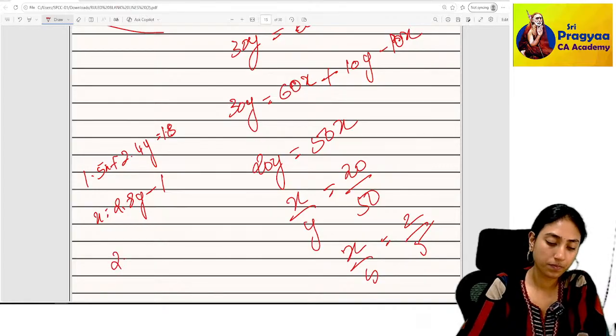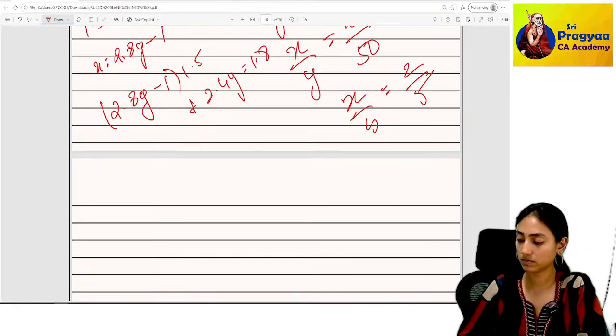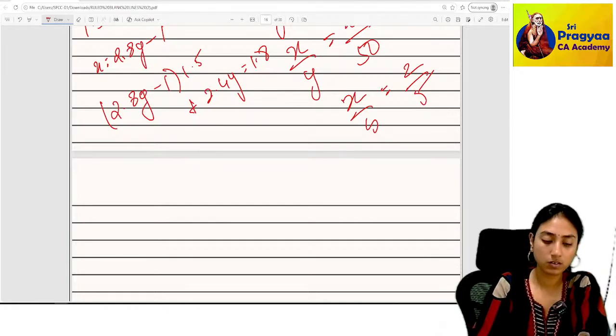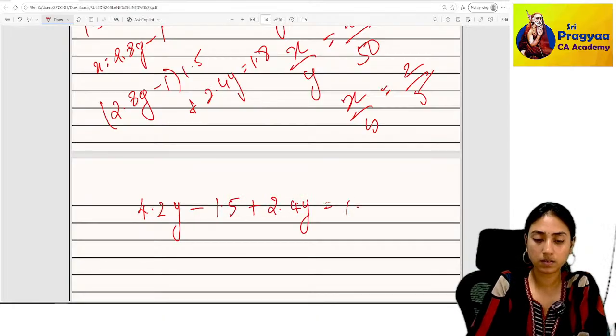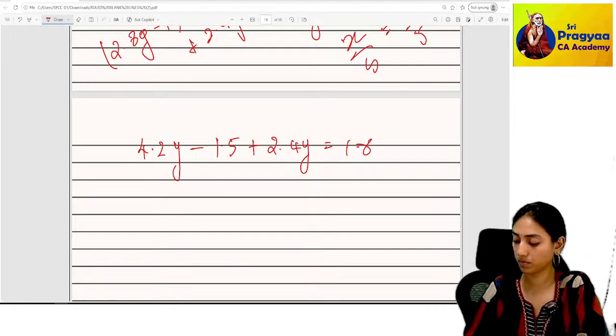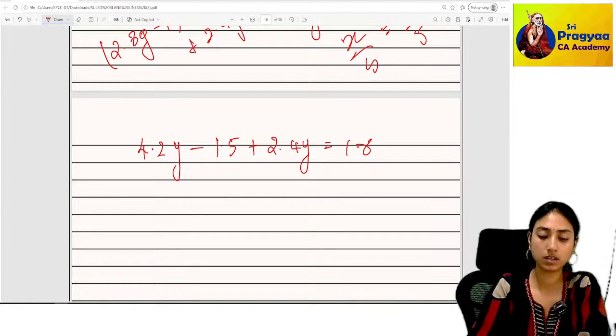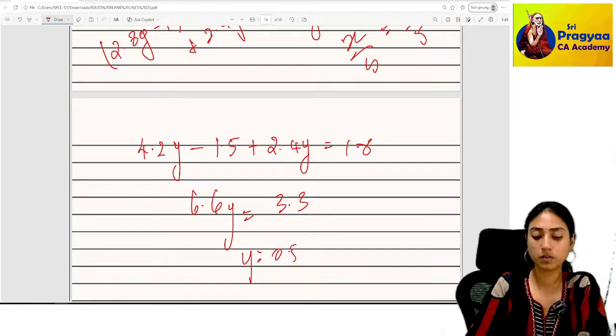So y minus 1 into 1.5 plus 2.4 is equal to 1.8, which is nothing but 4.2y minus 1.5 plus add தான பண்ணோம் is equal to, y is equal to 0.5, which is 1/2.